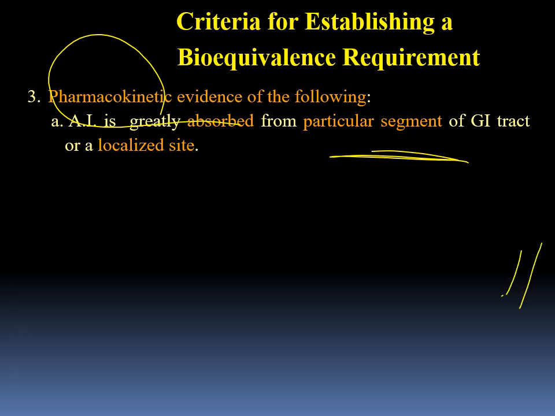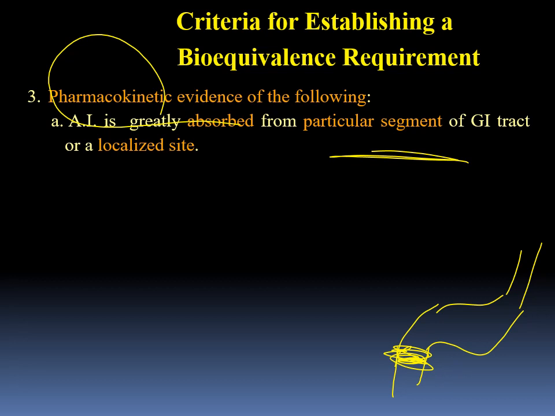Many drugs, as you know, can be absorbed only from the first part of the duodenum, like cimetidine and ranitidine. So these drugs, now both of them are stopped from the market, not because of that, because of other reasons. But many other drugs could be absorbed only from the first part of the duodenum.